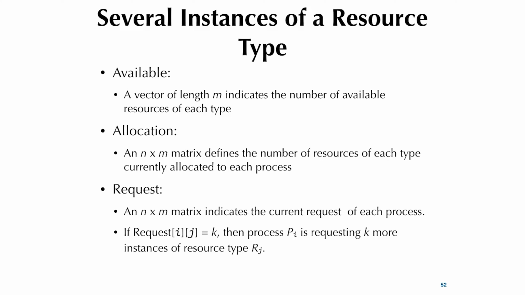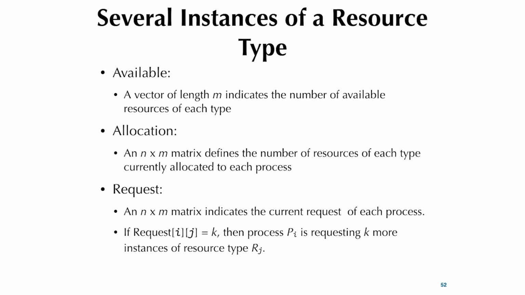So we're trying to do detection with multiple resource instances per resource type. The variables are mostly the same. Available is still the same. Available is not something you, as the allocator, can really change unless you do the actual allocation, because initially available is just how many drives you have, how much memory you have.